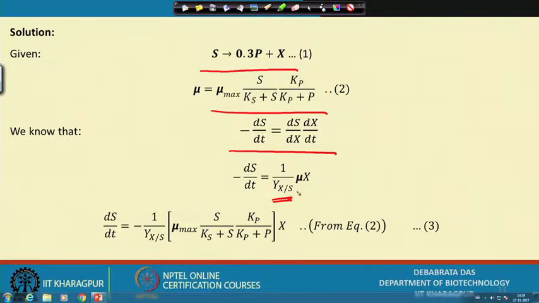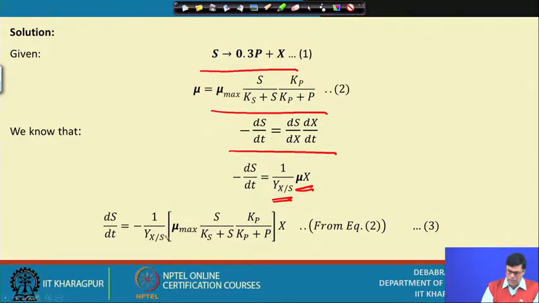And dX by dt we can write as mu into X, the rate of growth of the cells. Now, in place of mu I can substitute this into X. Substituting the two equations, we can get this equation.